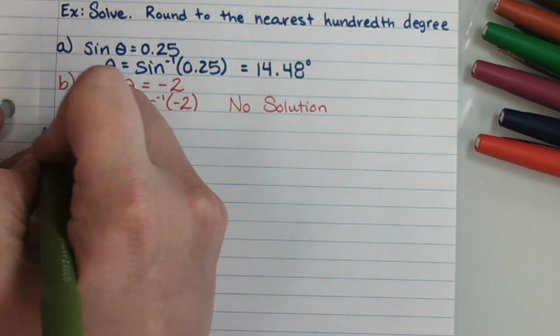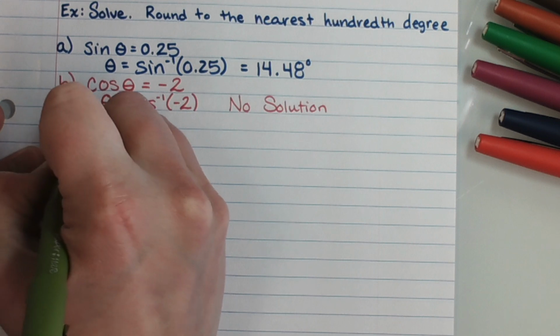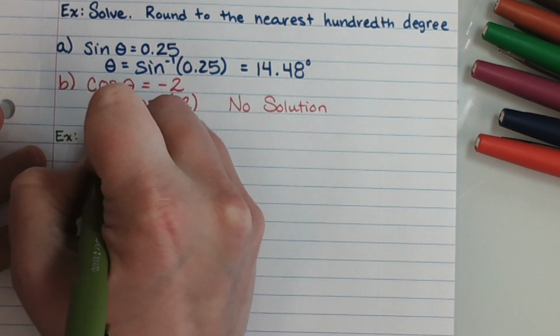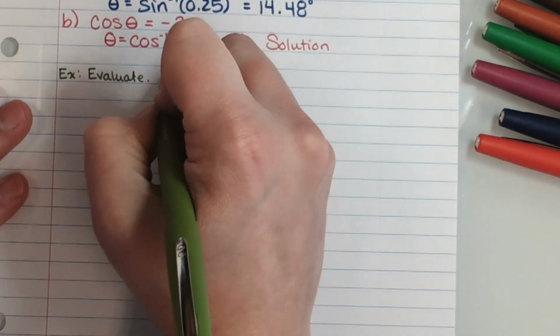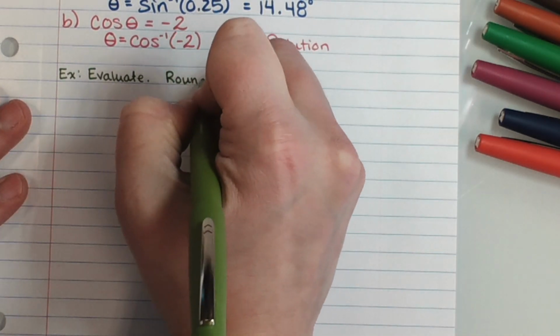Third set of instructions. Evaluate. Round to the nearest thousandth.